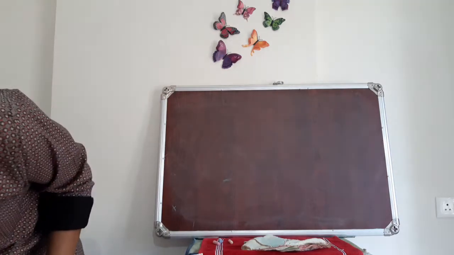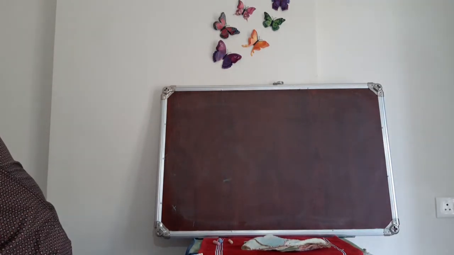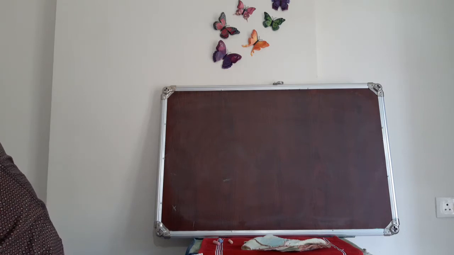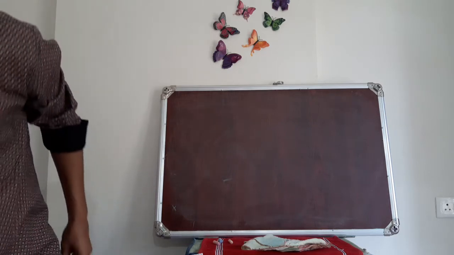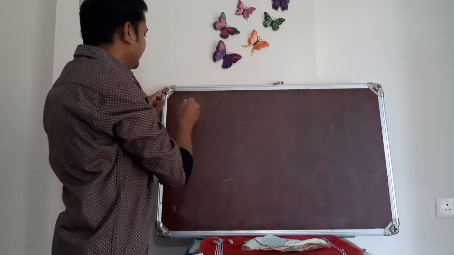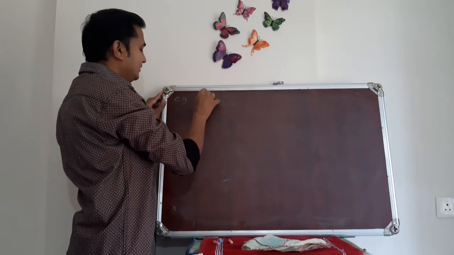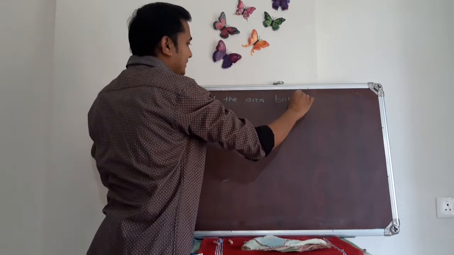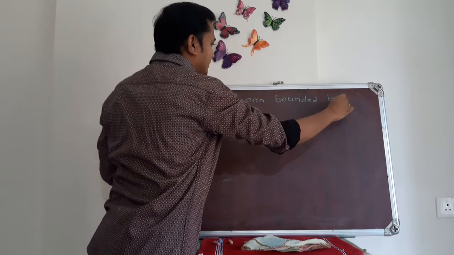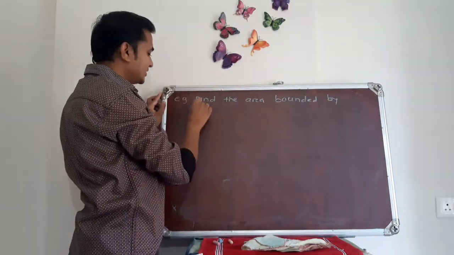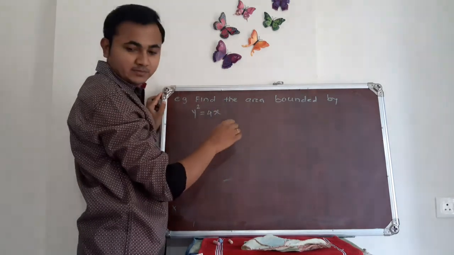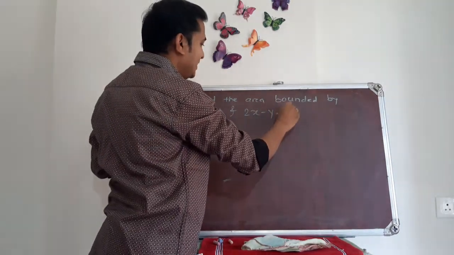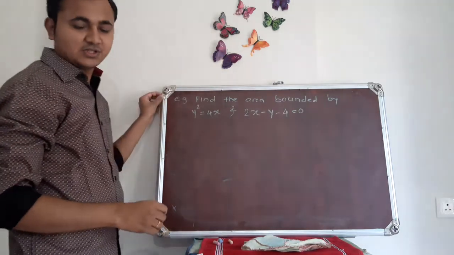So first example we'll see is: find the area bounded by y square equal to 4x and the line 2x minus y minus 4 equal to 0.